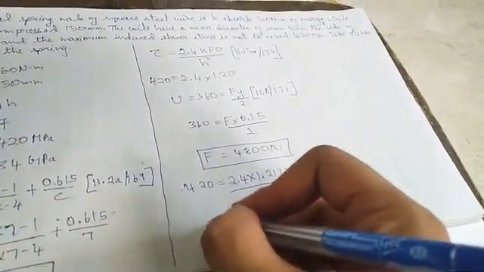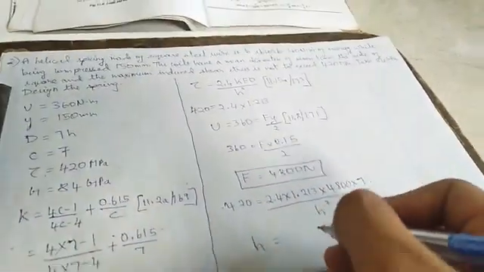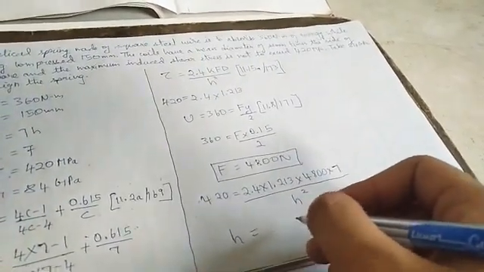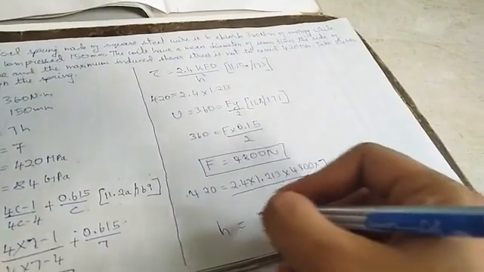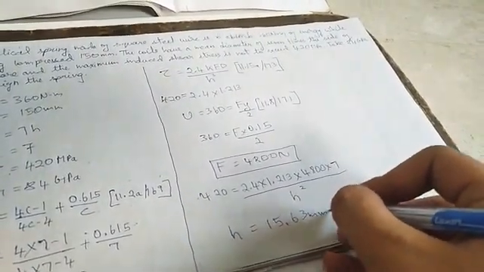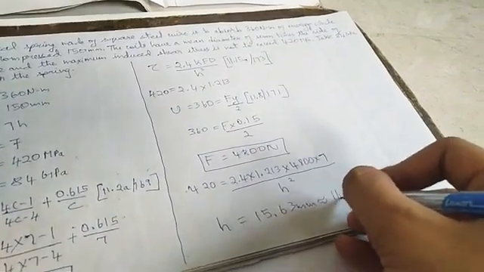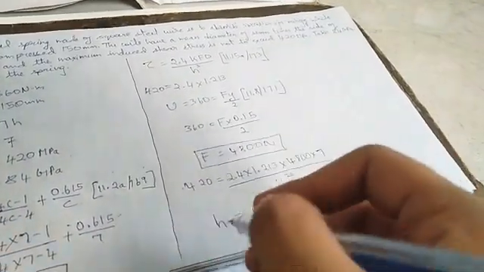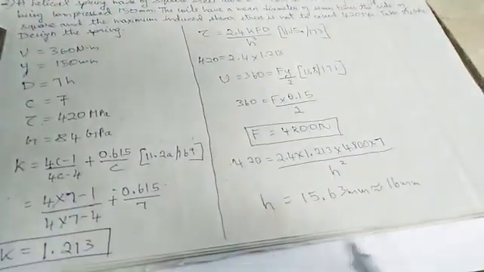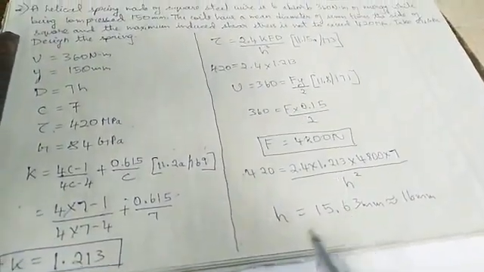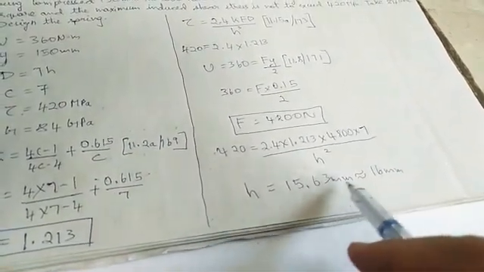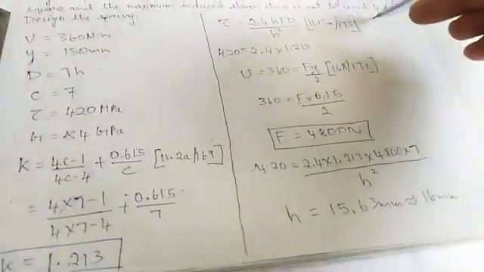So the value of H which I'll get from solving this equation is 15.63. We'll approximate this to 16 mm. For square wires we don't have any table for wire dimensions, so we shall take directly, if it is 15.6 we'll take it as 16 mm.